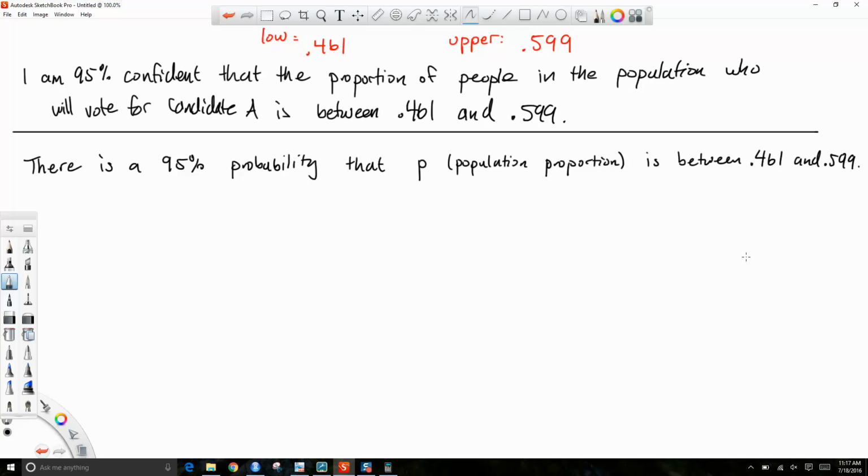True or false? There's a 95% probability that P is between 0.461 and 0.599.